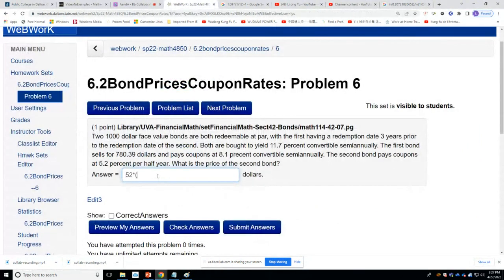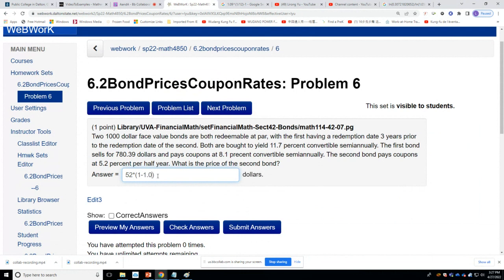So 52 times the A, following the A formula. You can also use your BA II Plus calculator. Just set the payment amount equal to 1, future value is 0, interest rate is 5.85, and so on. So that could calculate the A a lot quicker.